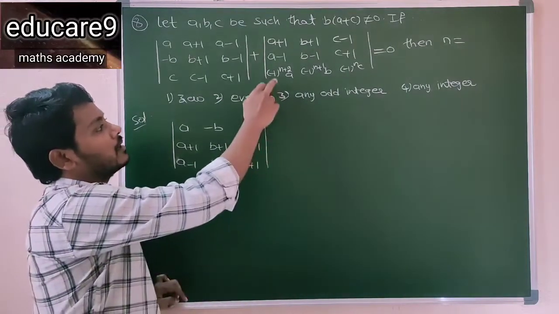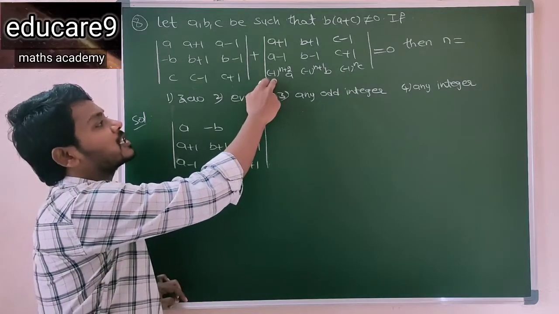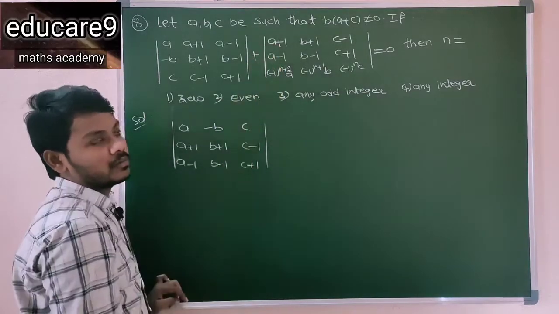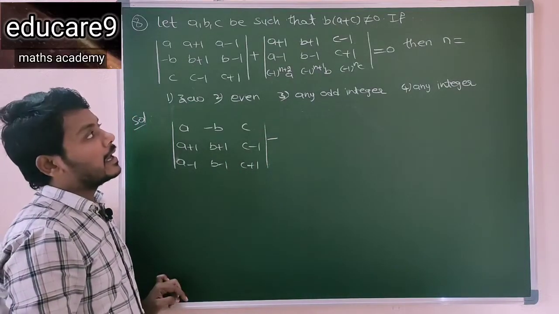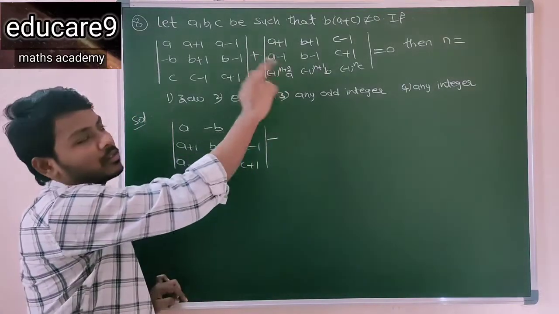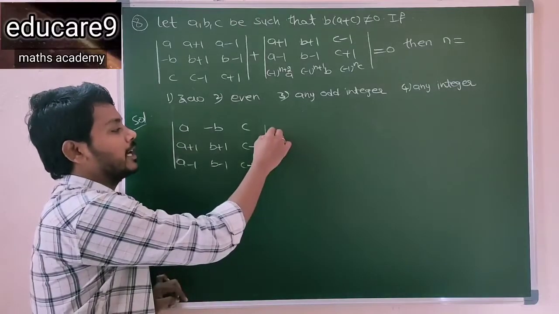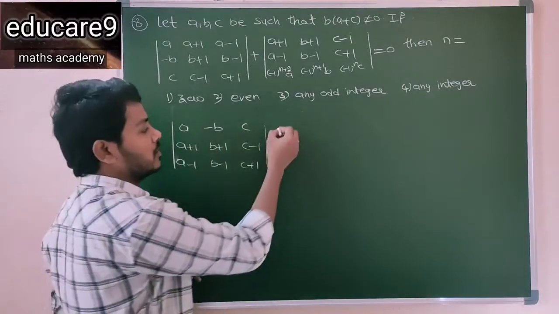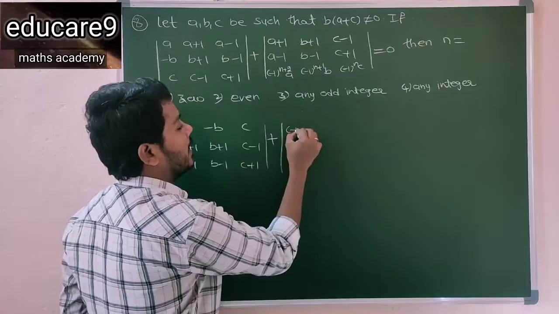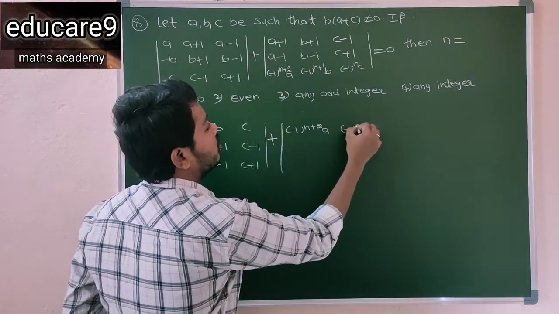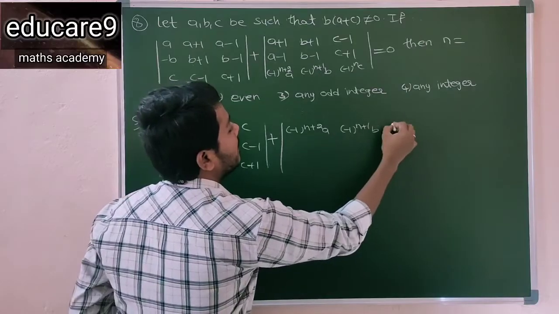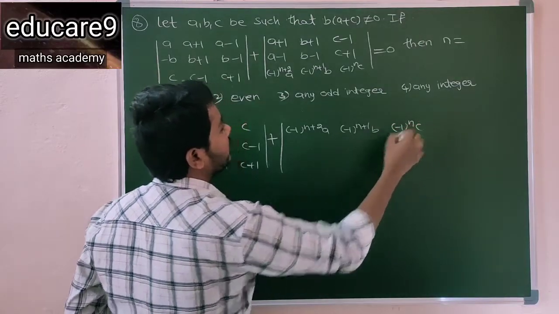Next here interchanging the first row and last row, then we will get minus. Again interchange the second row and third row, again we will get minus into minus, plus. So that is what? Minus 1 to the power of n plus 2 a, minus 1 to the power of n plus 1 b, minus 1 to the power of n c.